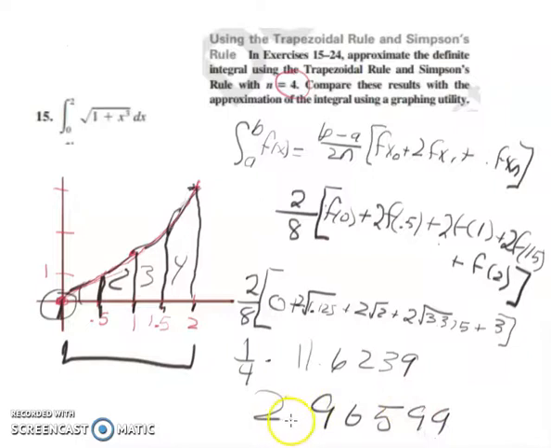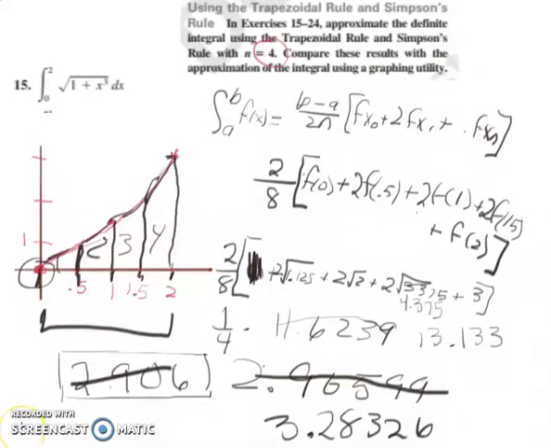Now remember, these AP people like 3 decimal places, so 2.906. Okay, that's what I would do. Now they want you to use your calculator to do that, so we will, and here's what we're going to do.